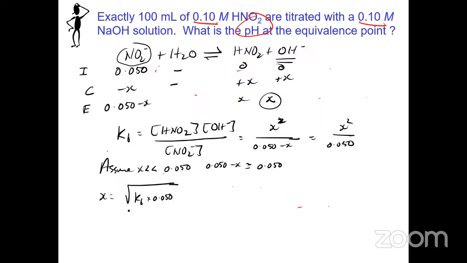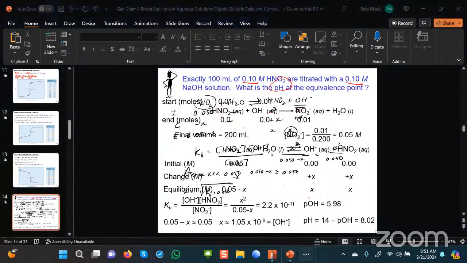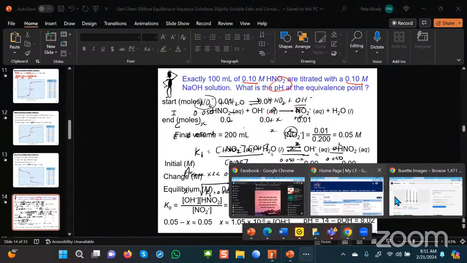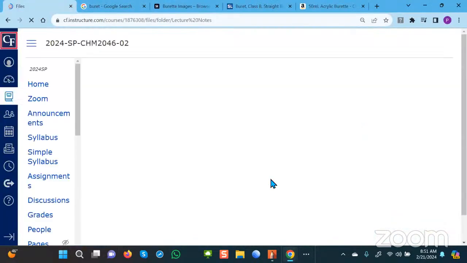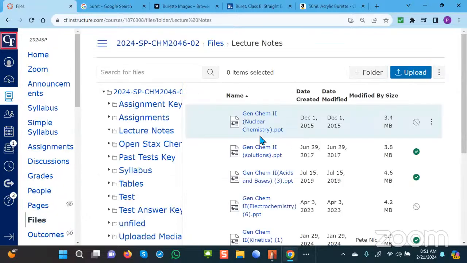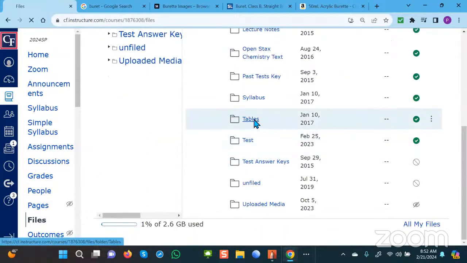Now, here's the thing. The tables that I've provided for you in Canvas do not give you the Kb value for the nitrite ion. In fact, let me see if I can bring up the table here. Files, tables.